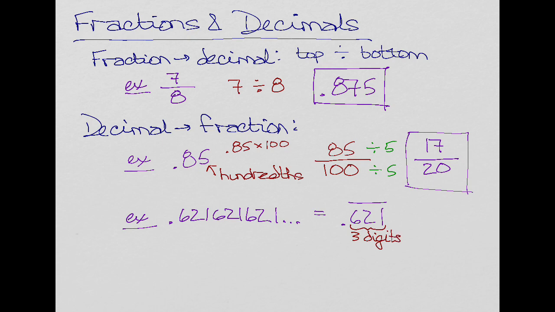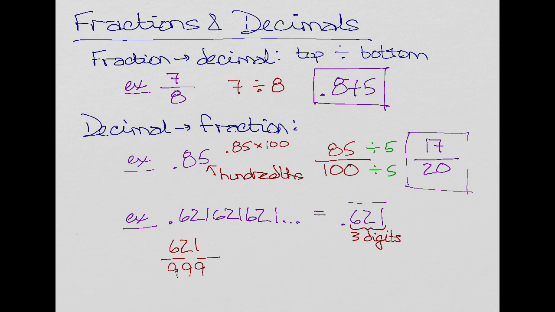When I try to rewrite as a fraction, I'm going to put 3 9s. The top, I'm going to do like I did up above for the previous one. 621. I'm going to write those 3 repeating digits without any decimal points. So that's my sort of initial fraction.